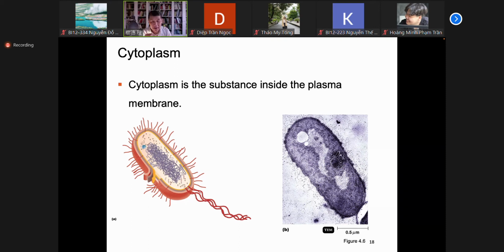That is, a larger cell hosts many smaller microorganisms. It's called endosymbiosis. This endosymbiotic theory can explain the origin of mitochondria as well as chloroplasts.